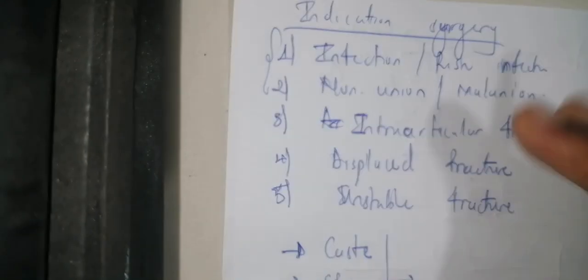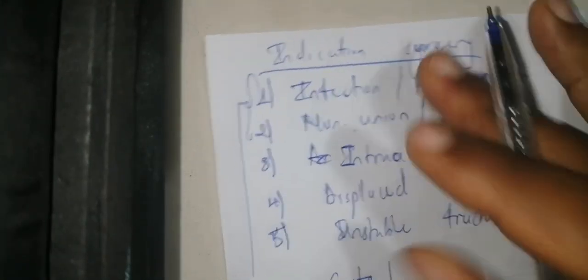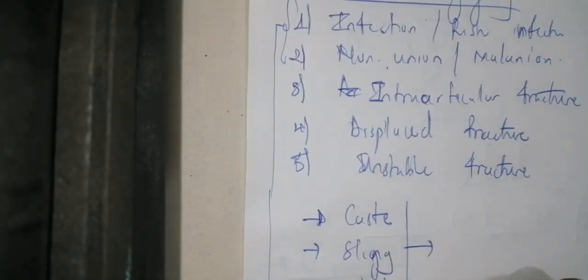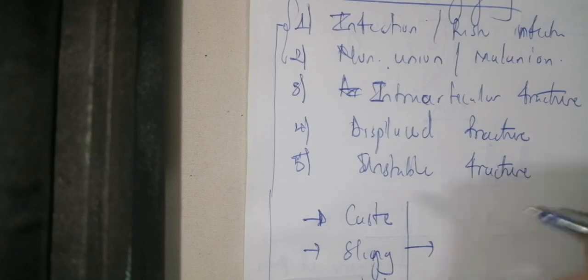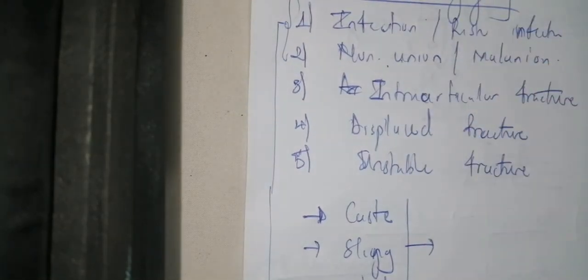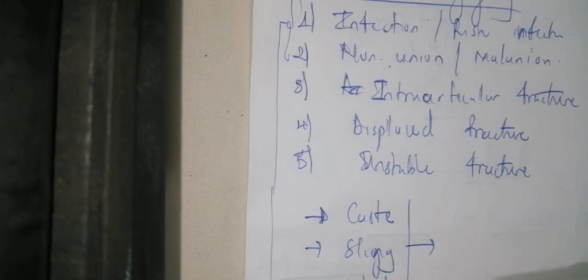But if you have a fracture falling in these 5 categories, particularly these 2, when you have infection and non-union or malunion, it is mostly an indication for external fixation.